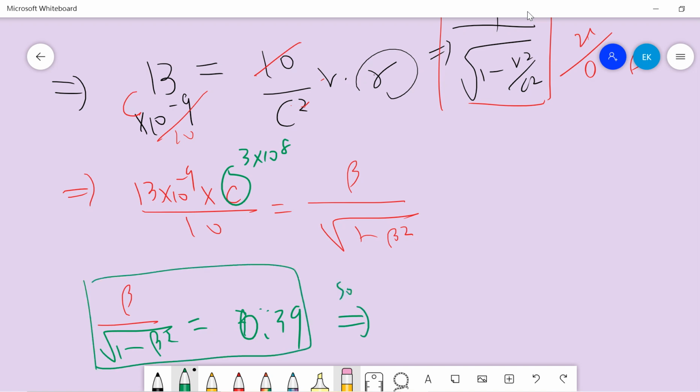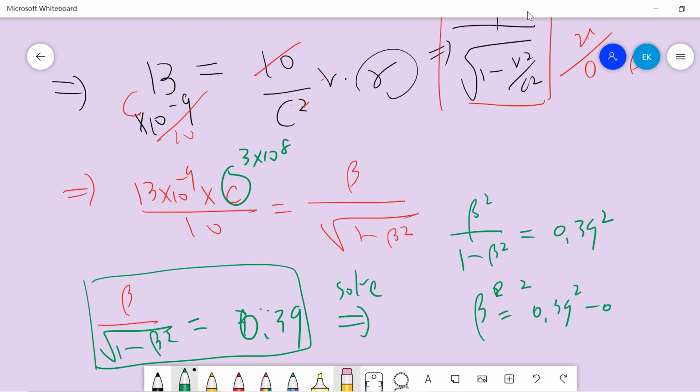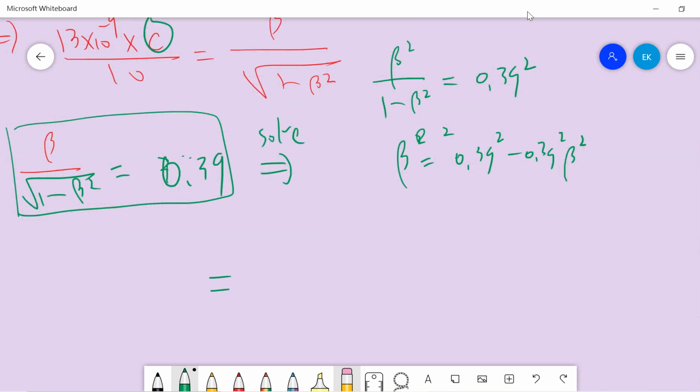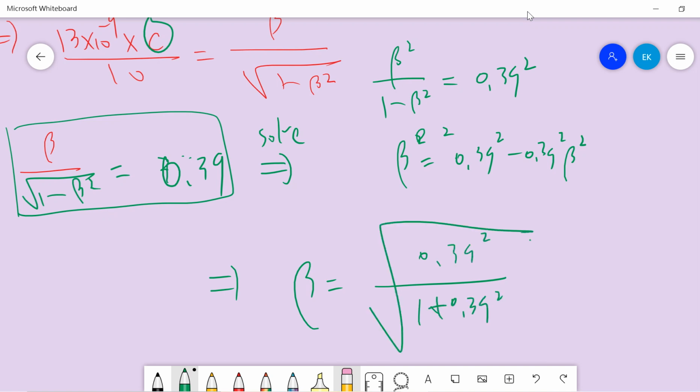Okay, so we solve for beta. We first do the square. We get beta squared equals 0.39 squared times 1 minus beta squared. So we have beta equals 0.39 over the square root of 1 plus 0.39 squared, times c.